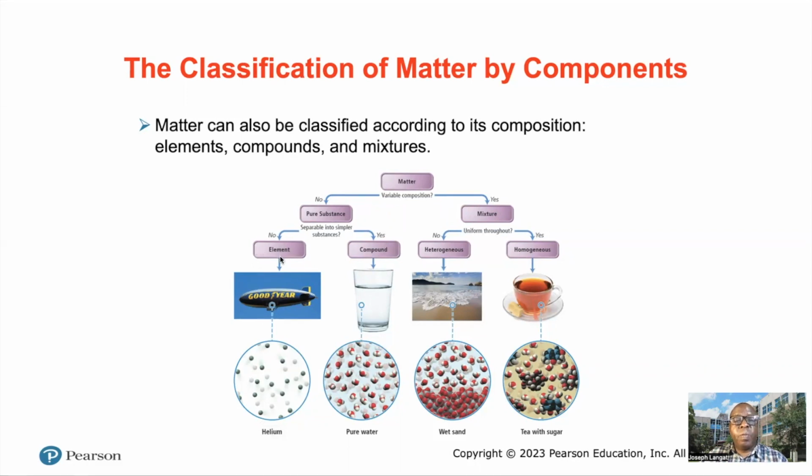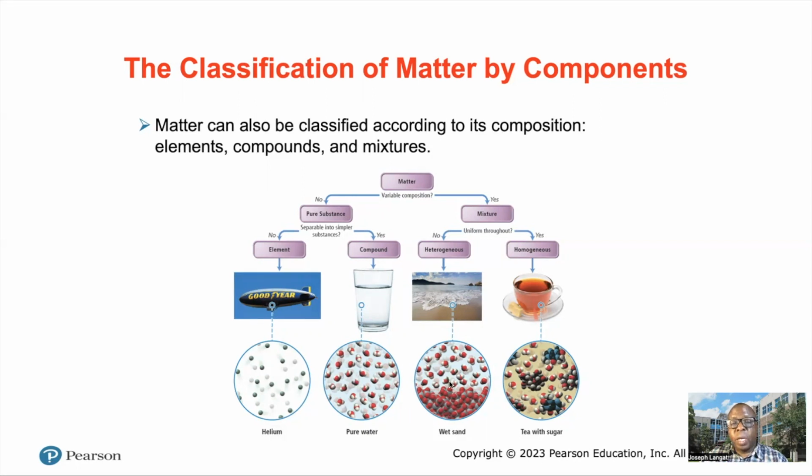But if you can think of all the elements on the periodic table, it falls on this side of the flow chart. And then compounds are made up of elements, which combine in a specific ratio, such as H2O here, made up of one oxygen and two hydrogens.